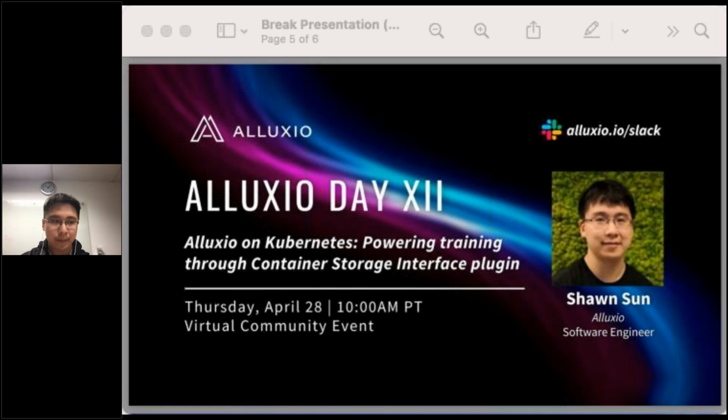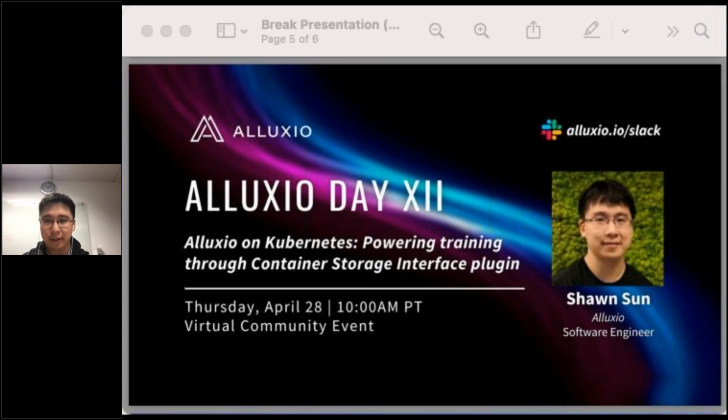For example, say we have two different data sets stored in Alluxio, and application one wants to use the data inside directory A, and the second application wants to use the data stored in directory B. They will need to use different persistent volumes to make sure they only see their own data. They don't want to see unnecessary data.